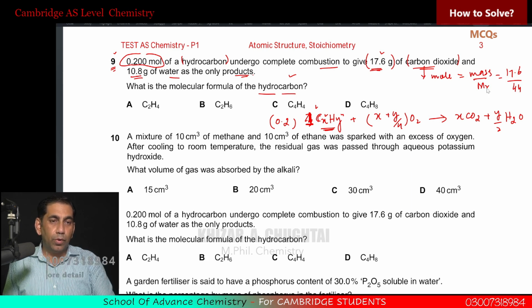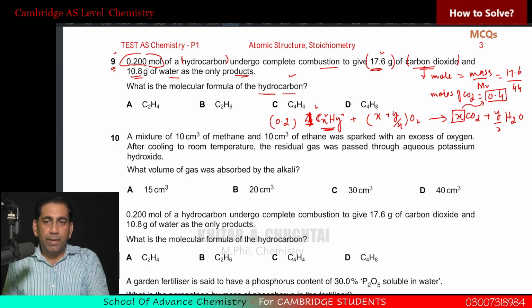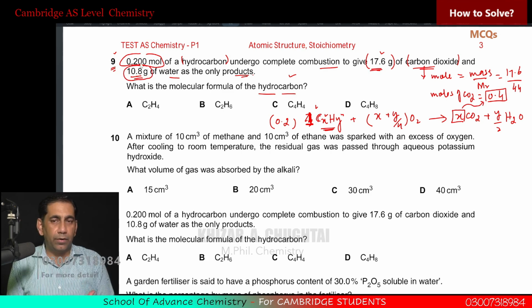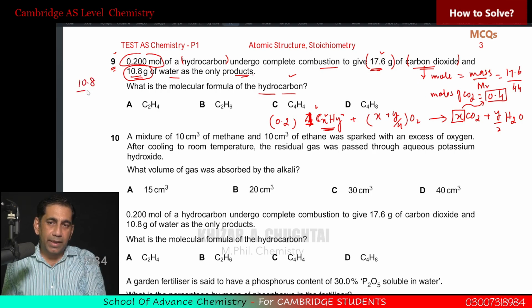So the moles of CO2 is equal to 0.4. I mean, we have calculated the answer of x, that is 0.4 at the moment. The mass of water is also given, so we can find the moles of water from this data. 10.8, the mass of the water, divided by the Mr of water, that is 18.